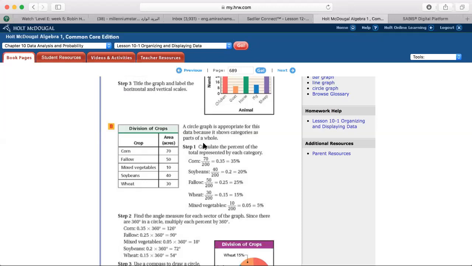When I am looking at a table and I find parts of a whole, it is better to choose the circle graph.